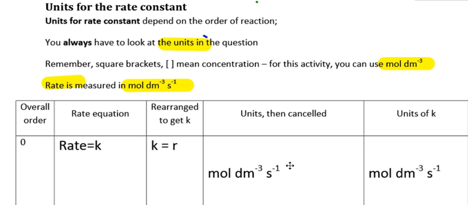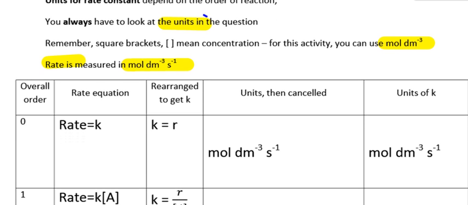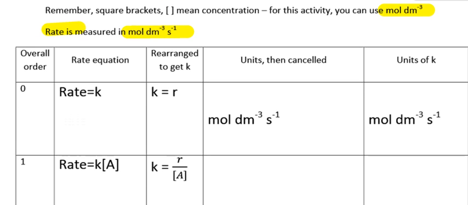Now in a first order reaction, as we've seen just previously on this video, rate is equal to K concentration of A. So we rearrange and we get K is equal to R over A. So this time we have to think about, as I've done before, cancelling the units.